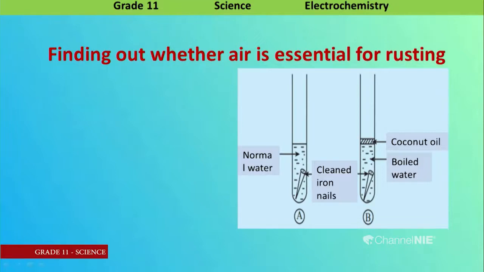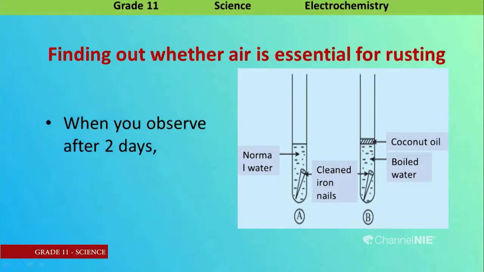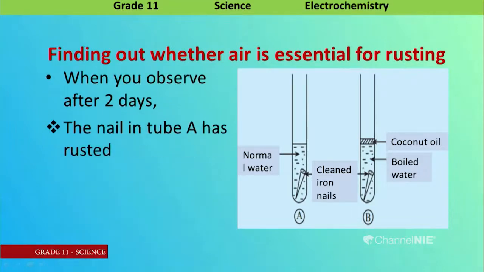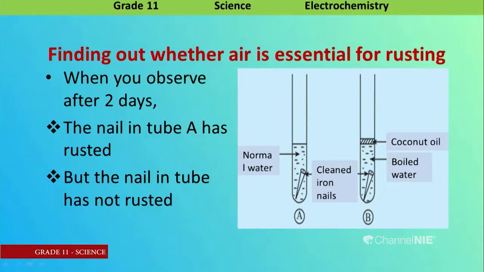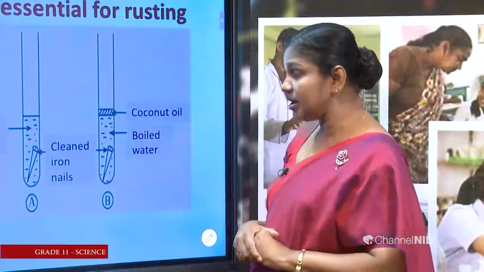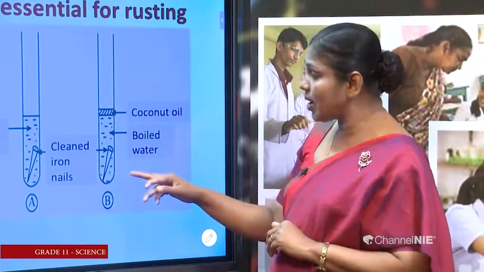When you observe after 2 days, children, you will observe the nail in tube A has rusted, but the nail in tube B has not. Why? Let me explain the reason, children. The nail in tube B has enough water, but there is no air. Why?